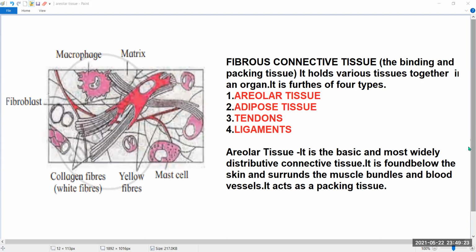Areolar tissue is the basic and most widely distributed connective tissue. It is found below the skin and surrounds the muscle bundles and blood vessels. It acts as a packing tissue.